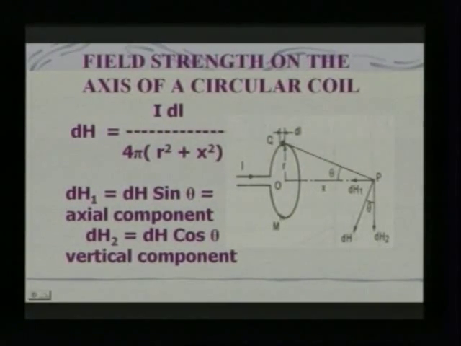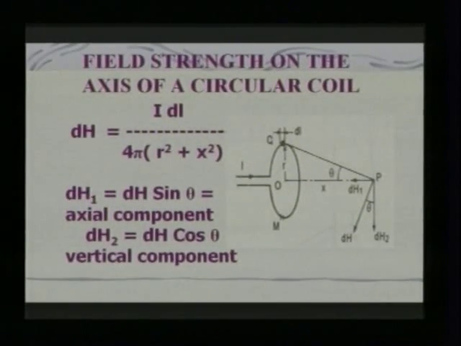Now we will derive an expression for field strength on the axis of a circular coil. Let us consider a single turn coil carrying a current of I ampere.